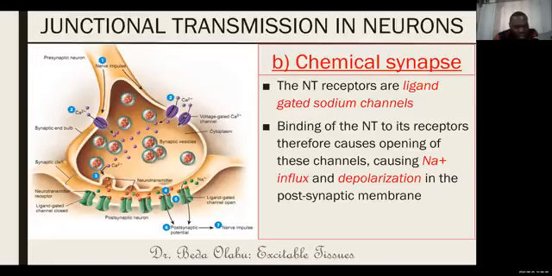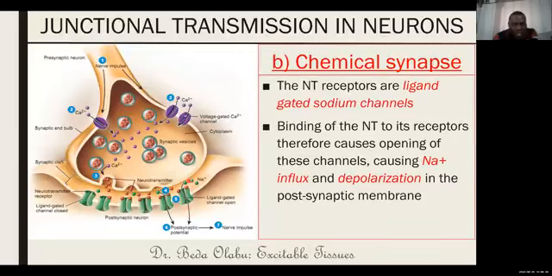The brown ones are the neurotransmitters because they're here. So the neurotransmitter binds to its receptor, and the binding causes this receptor to open, because this receptor is also a ligand-gated channel. Once it opens its channels, sodium ions will now enter. That is sodium influx.